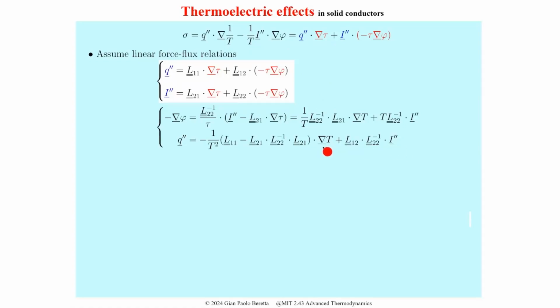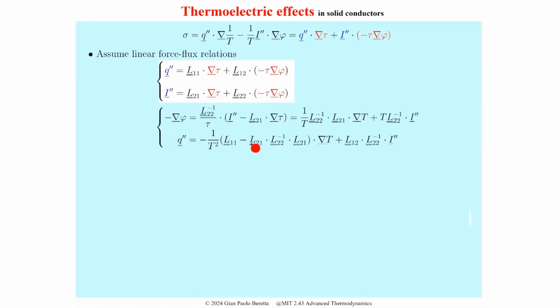And of course, the substitution that you've made, since the gradient in the electric potential depends on the current, but also on the gradient in temperature. When you substitute it up there, it gives its own contribution to the term that multiplies the factor, the prefactor of the gradient in temperature.